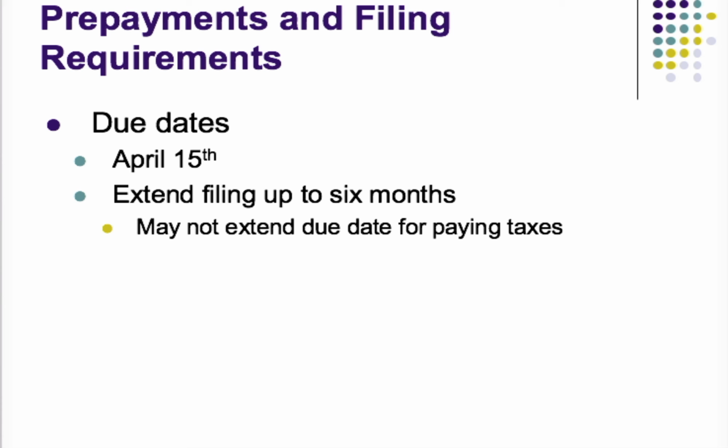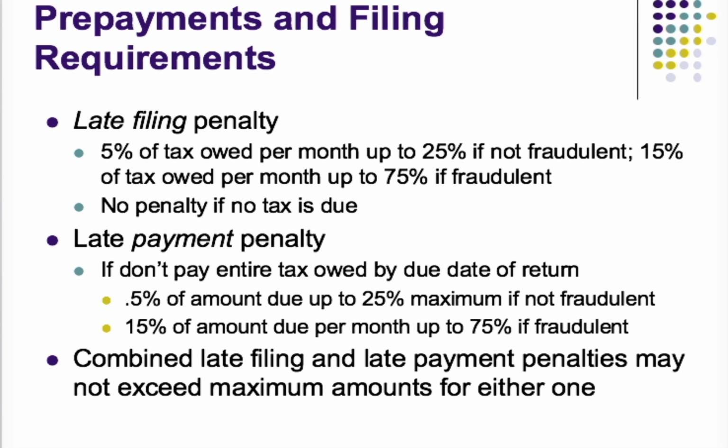So all of your taxes are due by April 15th. Just because you haven't gone ahead and filed the final return does not stop the running of the clock for any potential penalties for not paying enough or not paying a timely income tax.